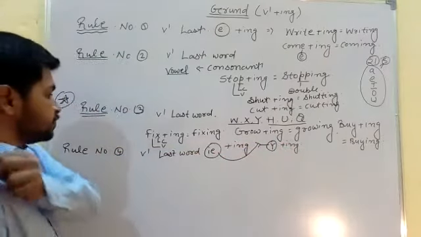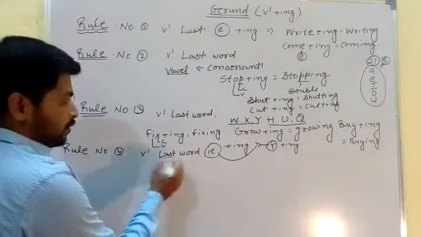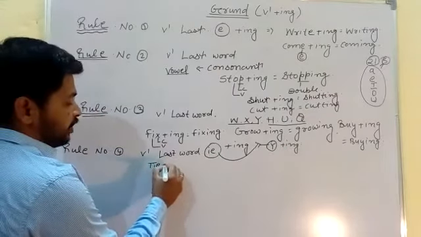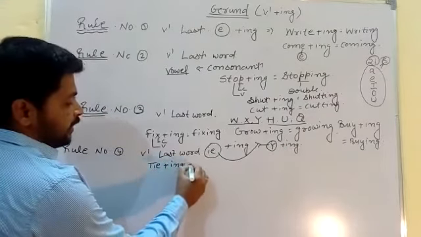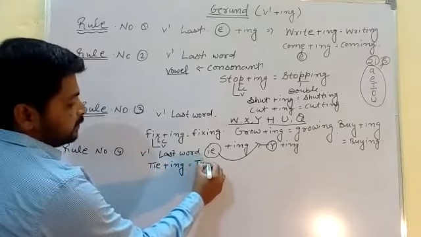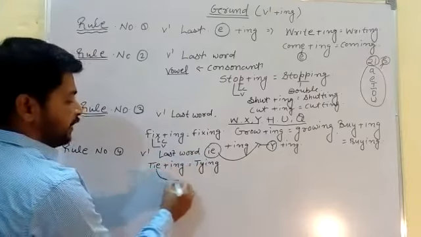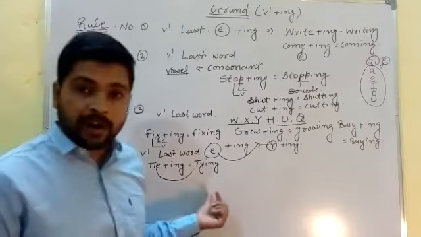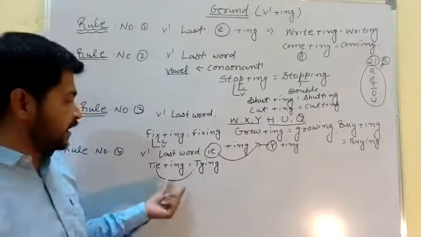For example, TIE, tie, then we use ing. What is the spelling? TYING. I and E we convert into Y and include ing, and the spelling is different.